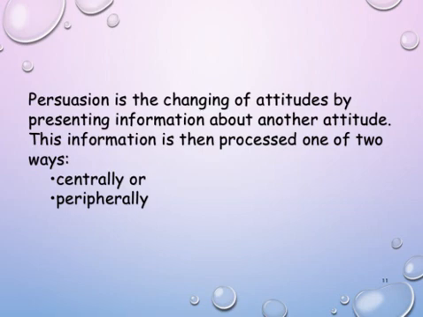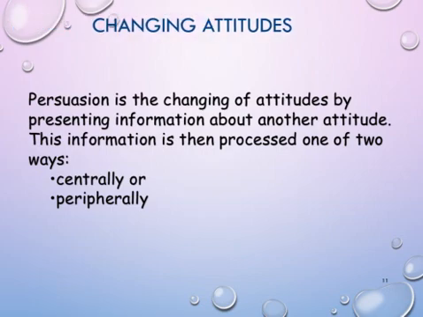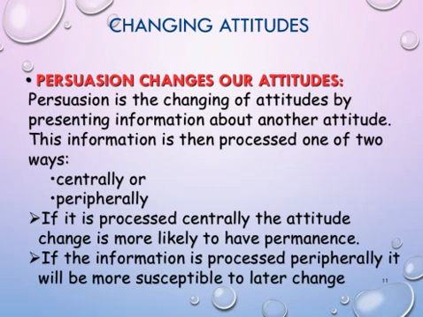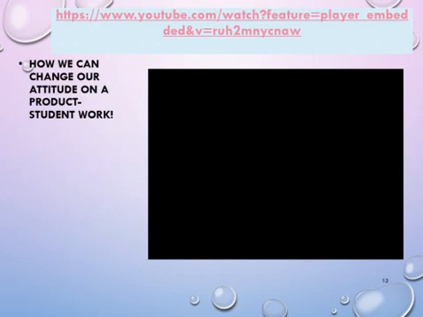So we learn our attitudes, we said, and I want you to remember that if something is processed centrally, it's more likely to have permanency. If information is changed peripherally, it's not lasting. You're going to watch this video on the PowerPoint and the Nearpod.